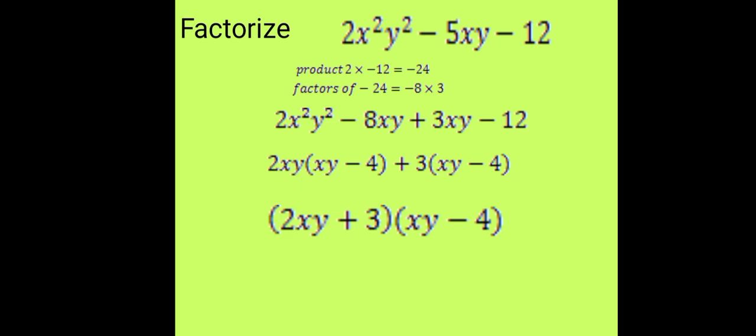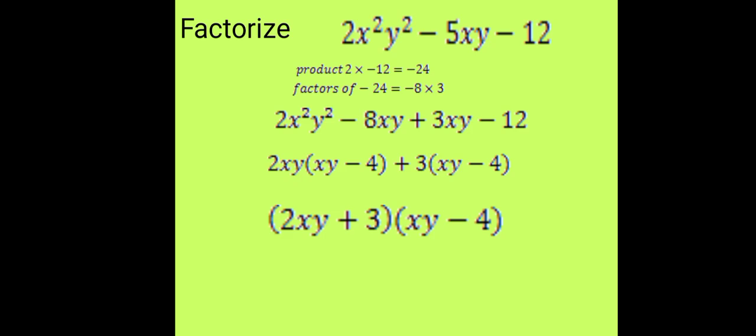Out of those possible multiples of negative 24, find the two which, if you add, you get negative 5. Now the factors that you add to get negative 5, and if you multiply, you get negative 24 are negative 8 and 3.